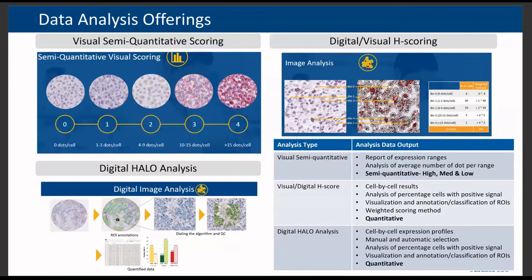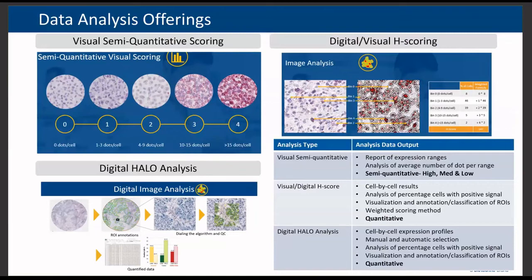The other methodology we commonly use is our Pathologist H Scoring, which you can see on the top right side. Pathologist H scoring is useful for marker expression patterns, and it's usually useful for heterogeneous patterns. This method is more quantitative, involves grouping of cells into 5 bins based on the number of dots per cell, and each sample is evaluated for the percentage of cells in each bin.